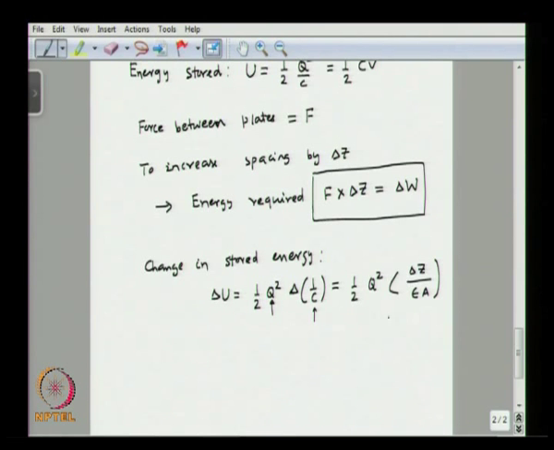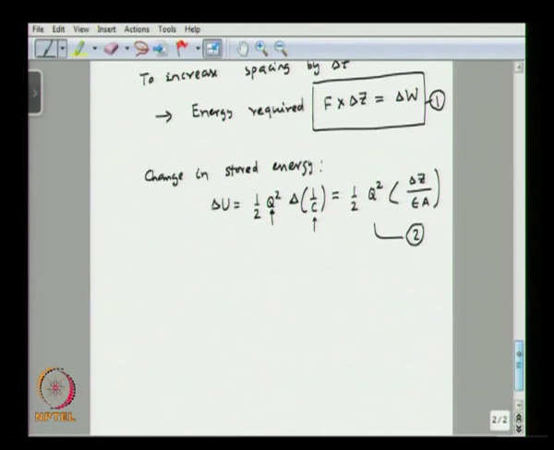Let us call this equation 2, and call the earlier one equation 1. Now, if we equate 1 and 2, we get F equal to Q square over 2 epsilon A, which will be sigma square A over 2 epsilon.